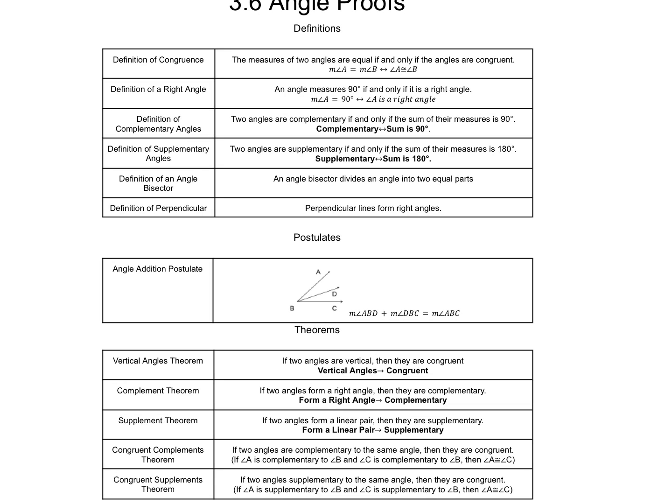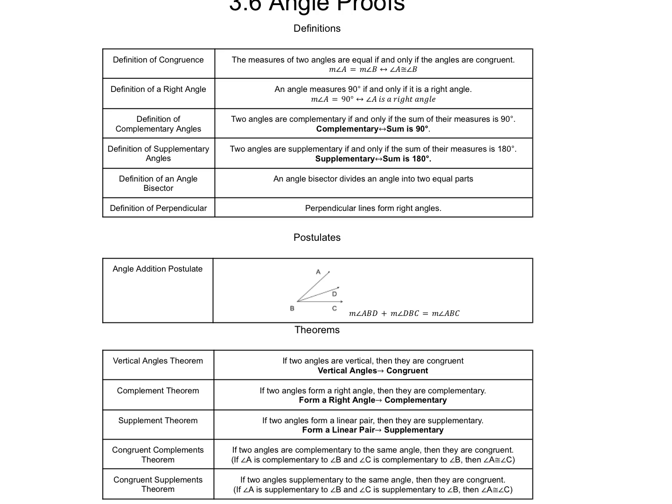When it comes to angles, the definition of congruence, we can sum it up this way. The measures of two angles are equal if and only if the angles are congruent. So, if I was told that angle A is congruent to angle B, then I can assume that the measures of the angles are equal to each other.